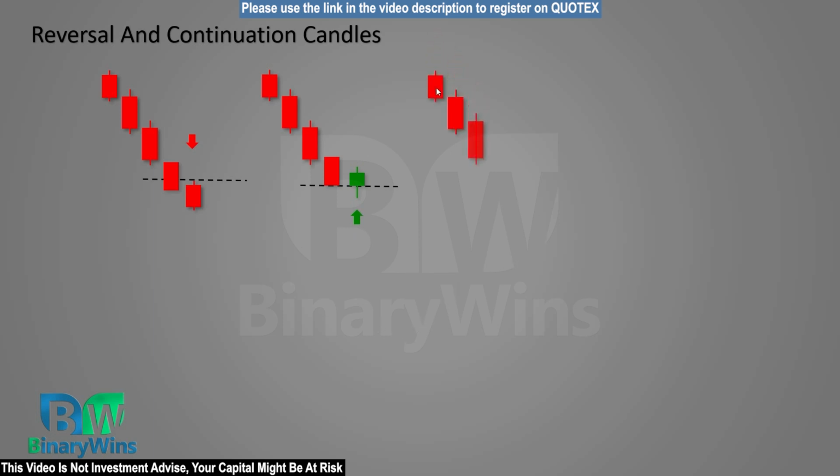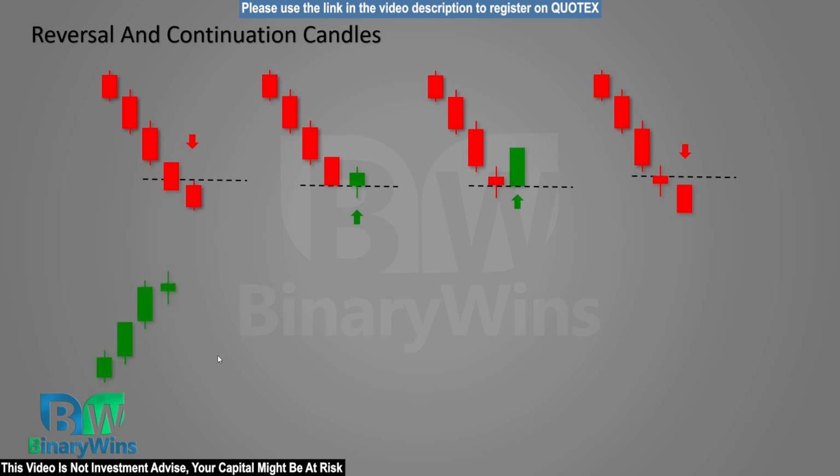In the same momentum trend, if a red spinning top candle is formed on the level, it will cause the trend to reverse. Also, if it is formed after the level or at a distance from the level, it will cause the continuation of the trend.